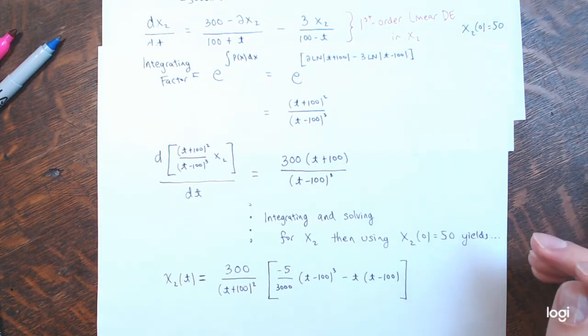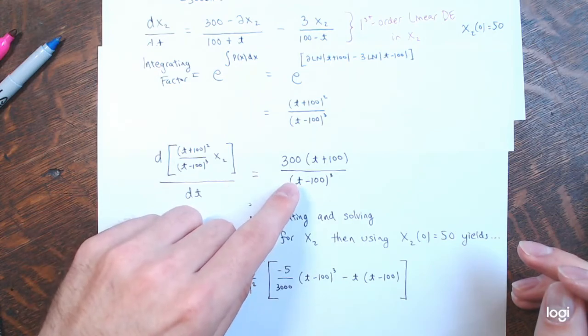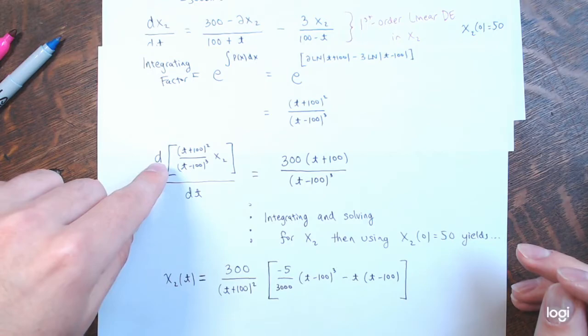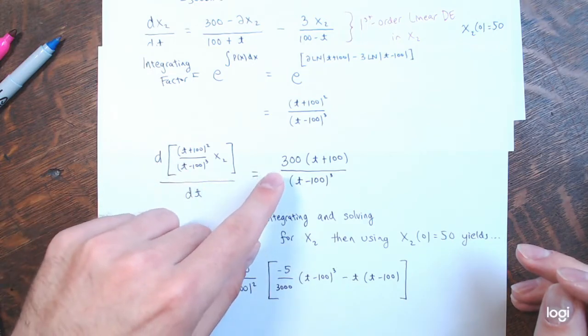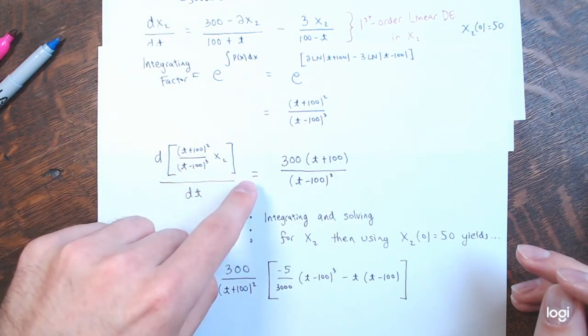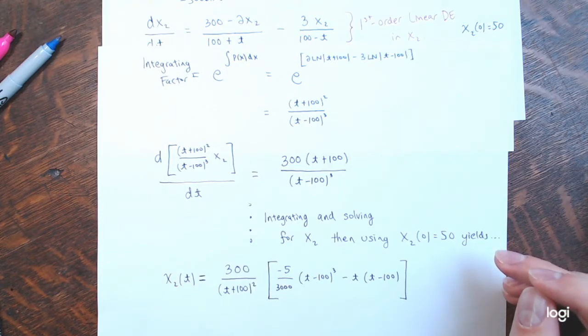I did this off on a separate piece of paper because it would take a little bit, and the video is already over half an hour. You'd have this integrating factor times x2 equals the integral of this side, which gives you some crazy expression. Not crazy, but it'd take a little bit to do. Just go back, hopefully you remember how to integrate. Lots of methods.